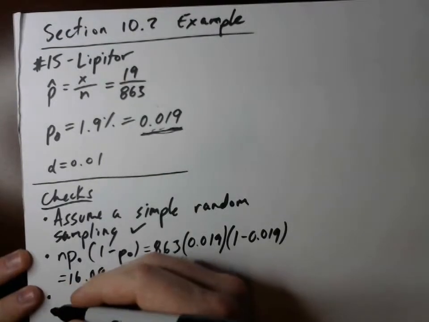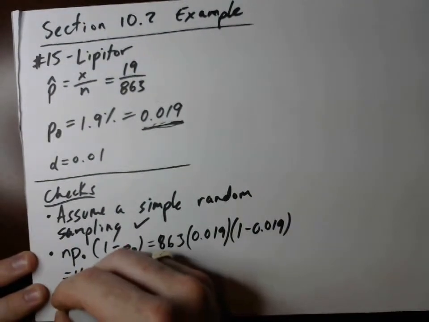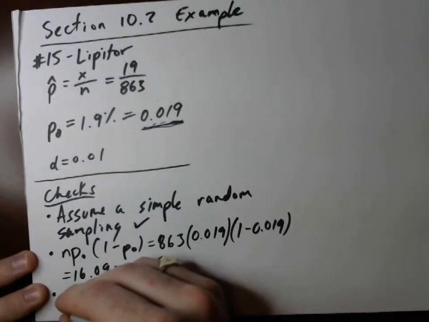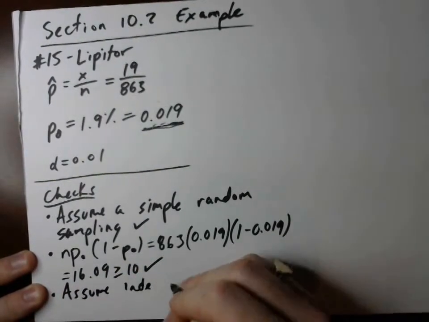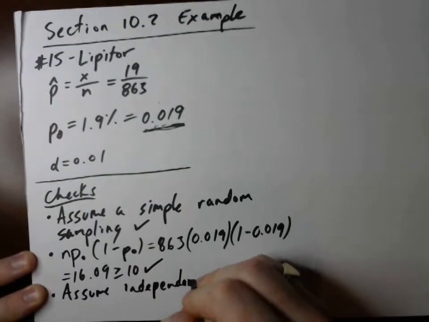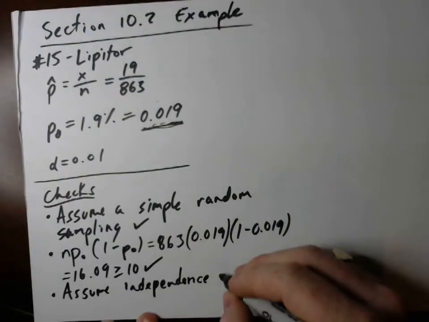So we can assume that one. The idea of independence is that we can assume independence, and the reason that we can is that one person's cholesterol level does not affect another person's cholesterol level. That's an obvious assumption.